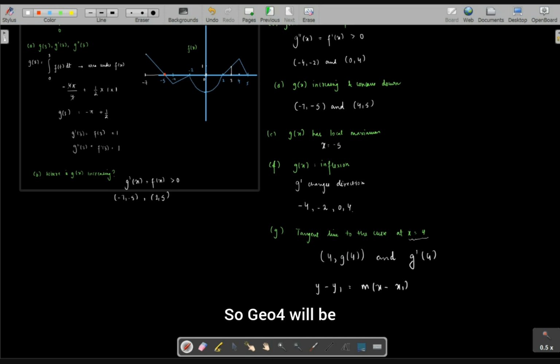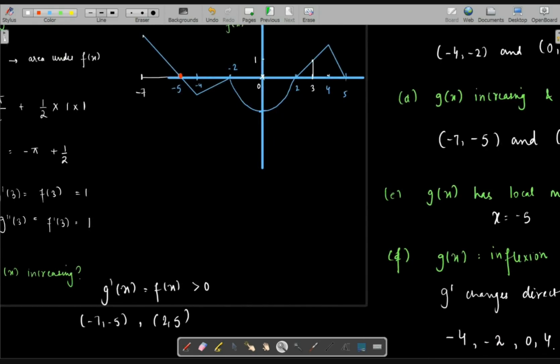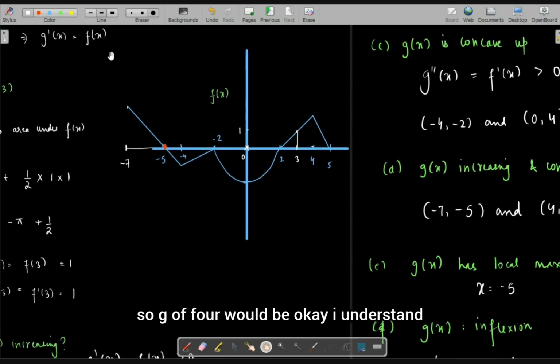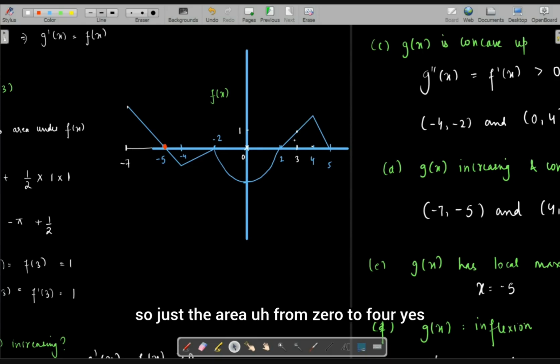So g of 4, you can see it from the graph. No, no, you will have to find the area under the curve. Oh, sorry. So g of 4 would be the area from 0 to 4? Yes, 0 to 4.